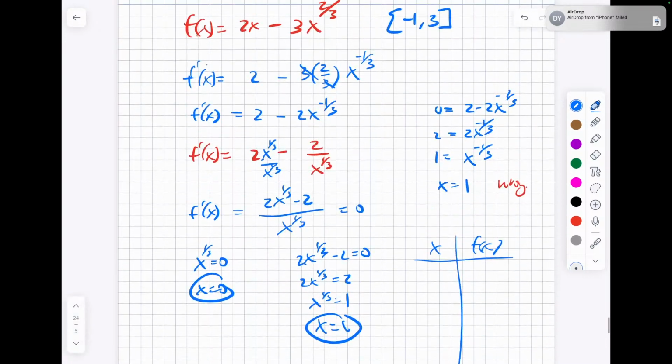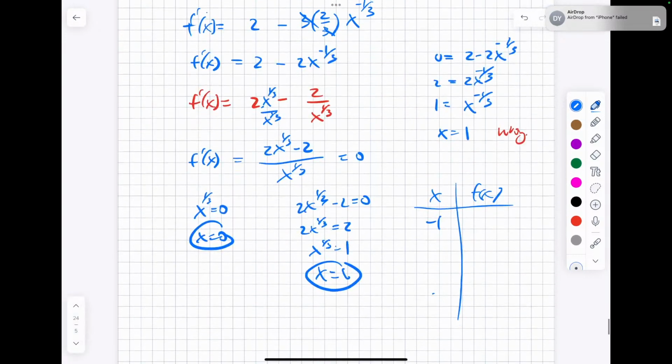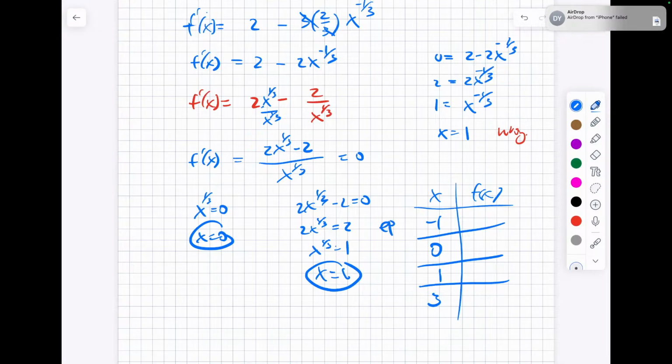So I'm going to plug in -1 and 3. Now I don't have to plug in every value, because there's a 0 and a 1. I'm plugging in 0 and 1. I'm skipping 2 because this is the endpoint again, and this is a critical number. I'll just give you the values. If you plug in -1, it gives you -5, and if you plug in 0, it's 0.